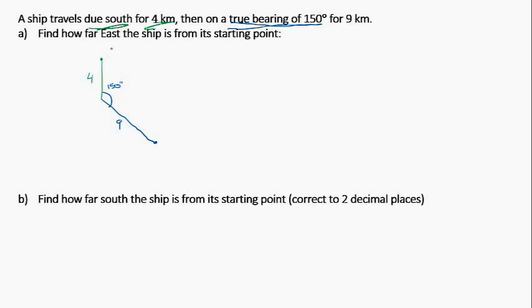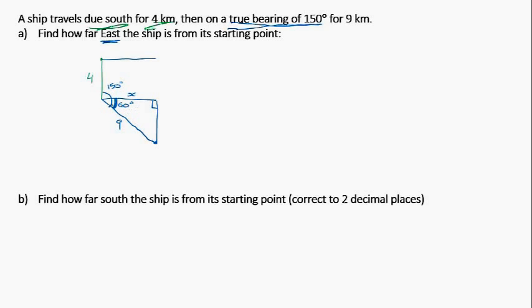The first question says, find how far east the ship is from its starting point. Basically I just want to know how far east it went, so I want that length there, if you draw your right angle triangle. It's gone from over here to there in an east direction. Now I've got a right angle triangle, and what I want is that length there. In my right angle triangle, I need this angle, which is 90 minus 150... so 60 degrees.